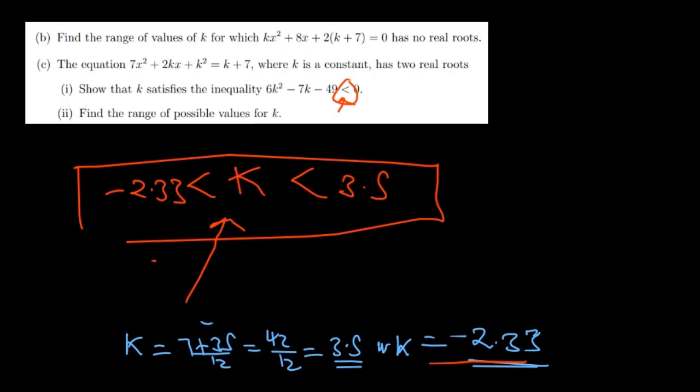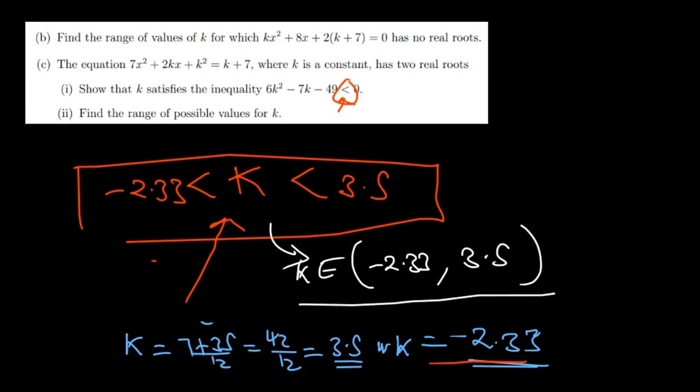So we found the range of the possible values of k. You can also put this in interval form: k is a member of the interval minus 2.33 comma 3.5, meaning k is between these two numbers. All right, so that's it for this question.